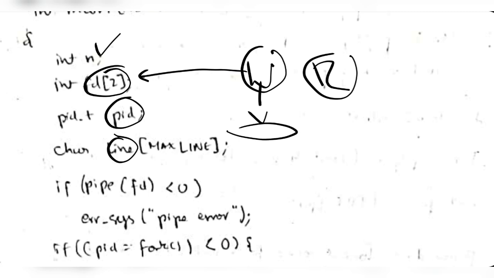You have to write somewhere, right? So for that you need a line. So those four things. n is the number for storing read or write, pid is the process ID, and line is where you are going to store the data which you are transferring.